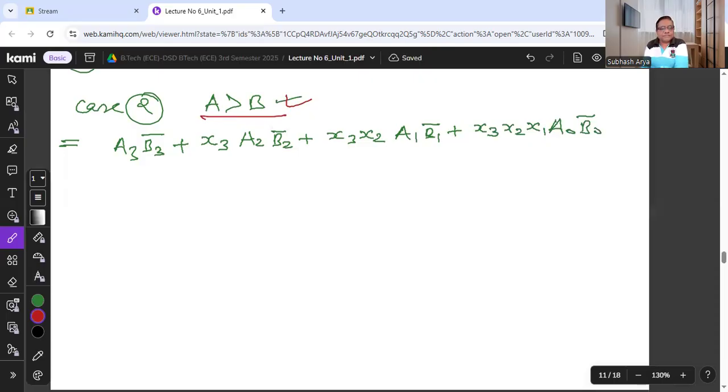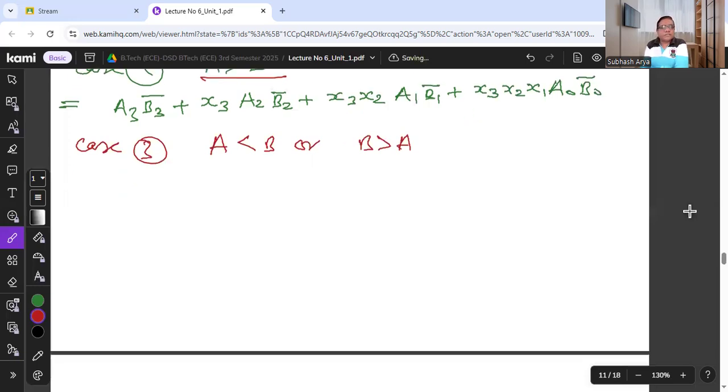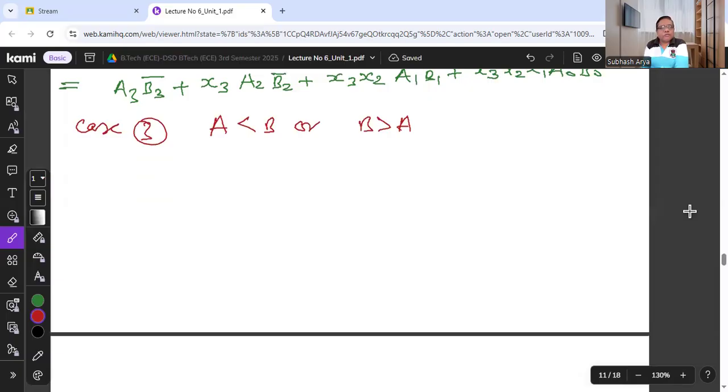Now case 3. Case 3 is A is less than B, or B is greater than A. Both are the same. Let us write the Boolean expression for this case when A is less than B. Again a similar condition, A3 bar B3.